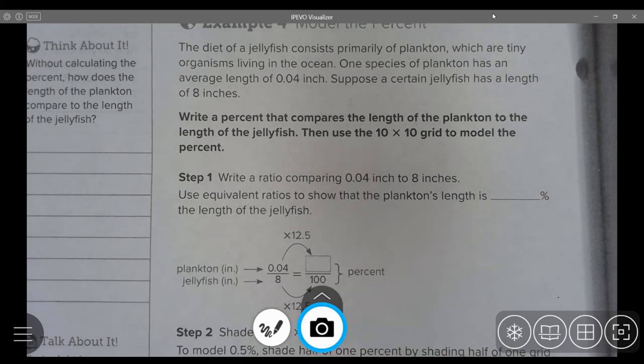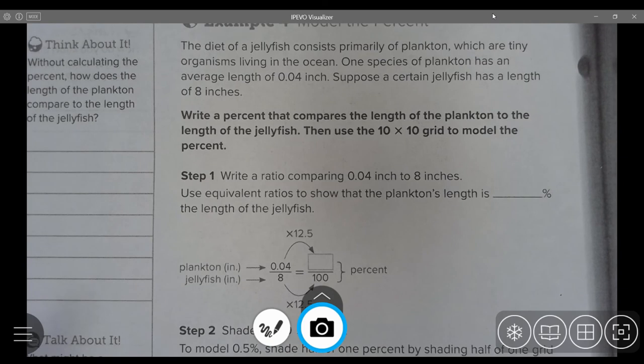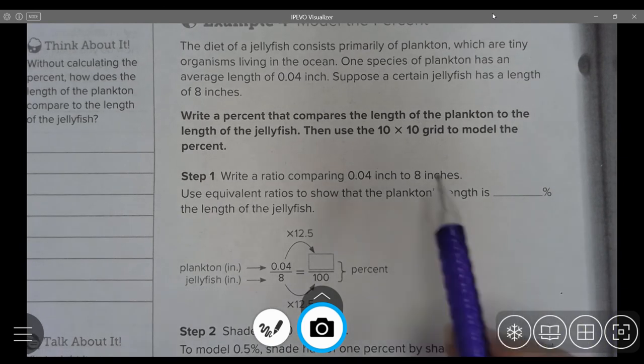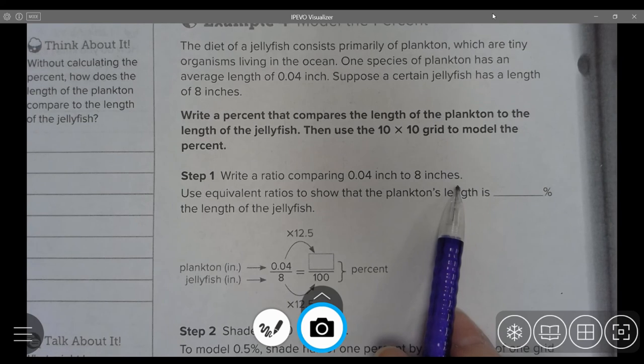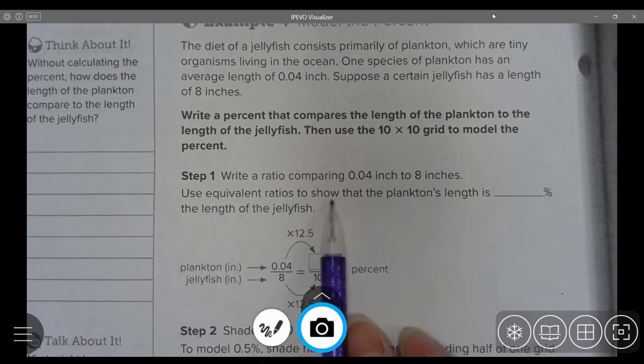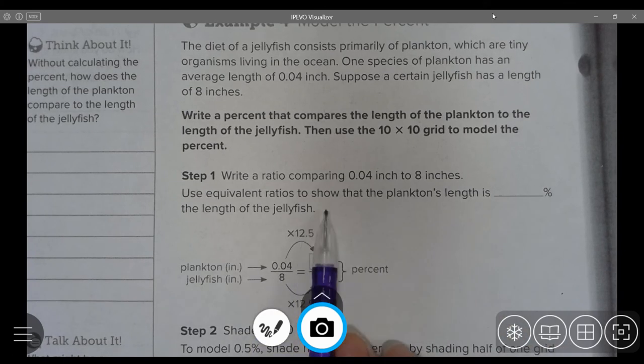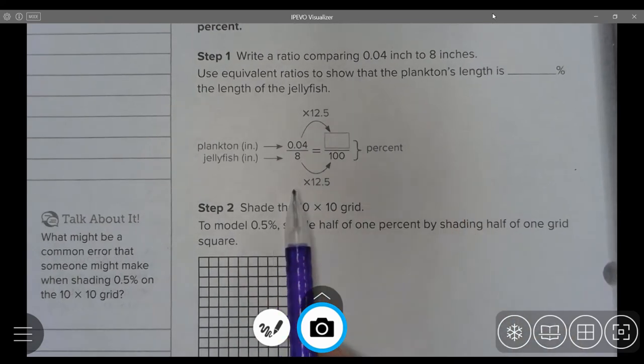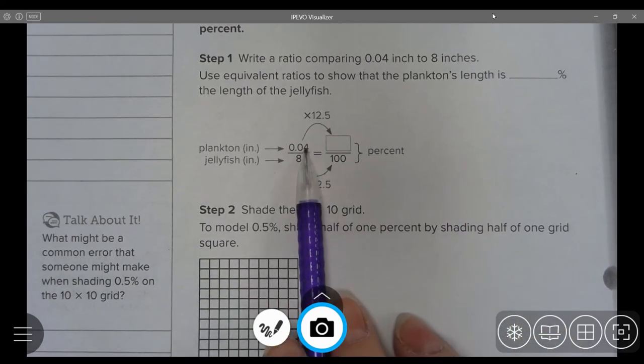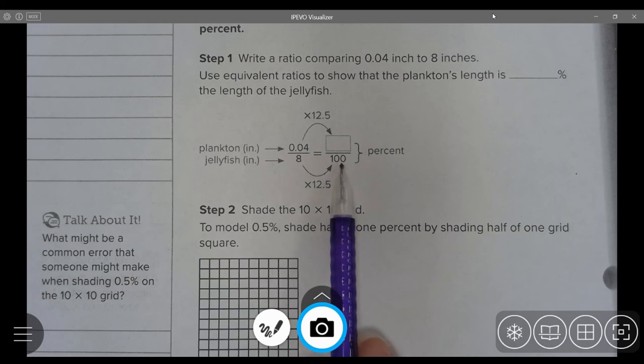Step 1. Write a ratio comparing 4/100 of an inch to 8 inches. Use equivalent ratios to show that the plankton's length is blank of the length of the jellyfish. So we write the ratio here, 4/100 to 8. Then we would need to divide 100 by 8 to get 12 and a half.